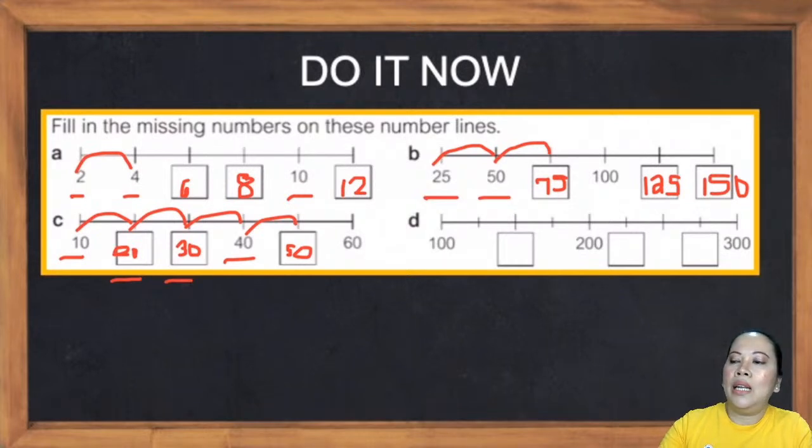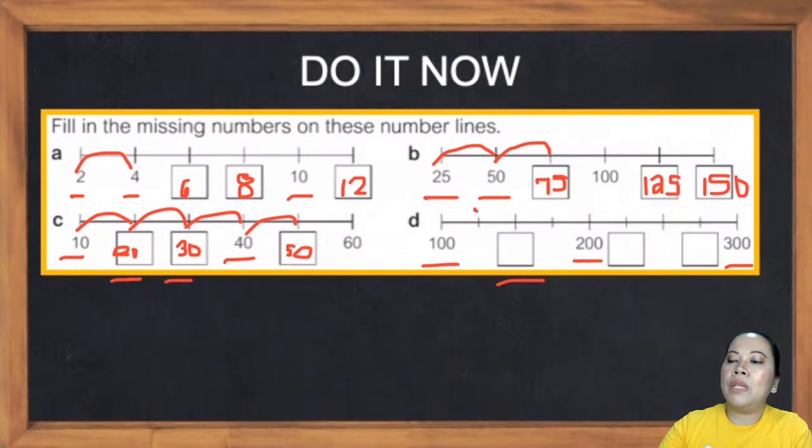And then for the last one, you have to be careful with the scale on your number line. If you notice, there is a scale between 100 and the first box. So there is 1 scale there, and then another scale, and then 200, another scale, and then another scale before it becomes 300. So first, identify that's 100, 200, and 300.